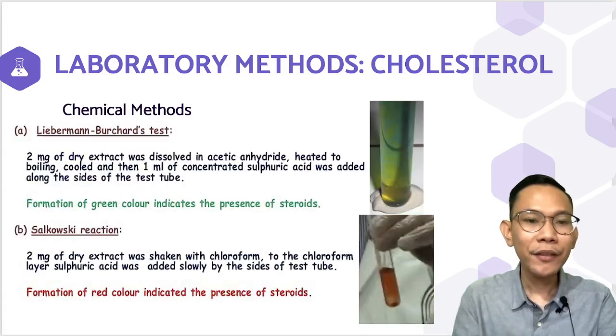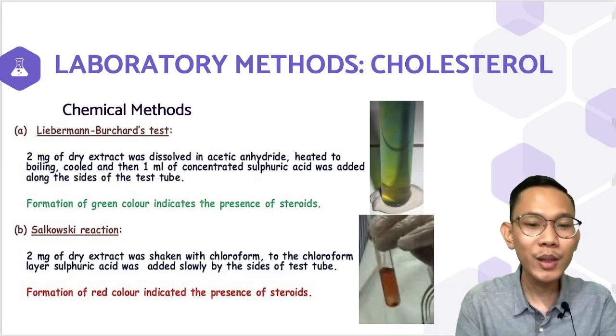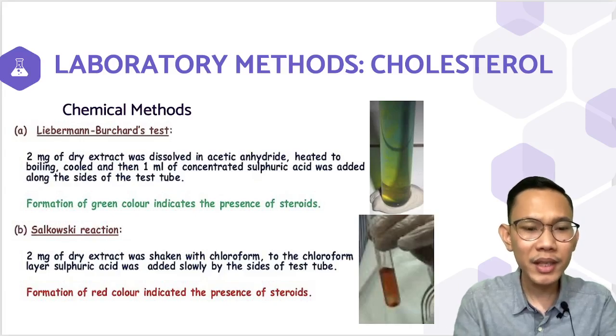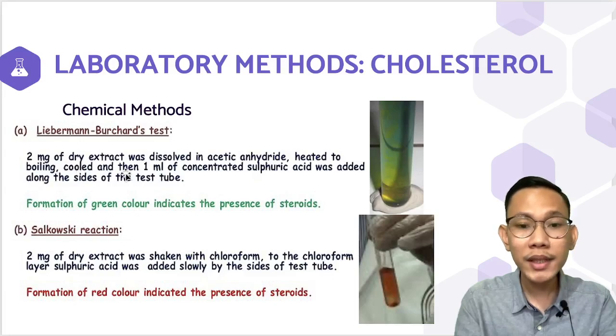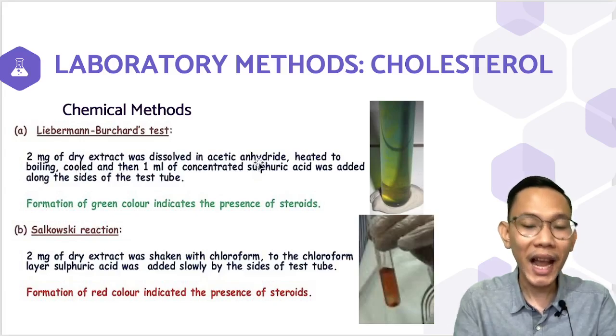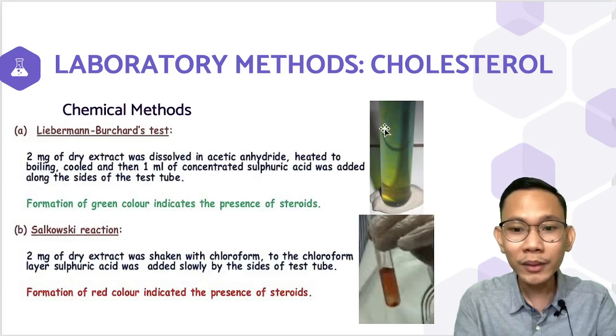First, let's discuss your chemical methods. For chemical methods, we have your Lieberman-Burchard test. So, what is the principle of this test? 2 mg of dry extract was dissolved in acetic anhydride, heated to boiling, cooled, and then 1 ml concentrated sulfuric acid was added along the sides of your test tube.